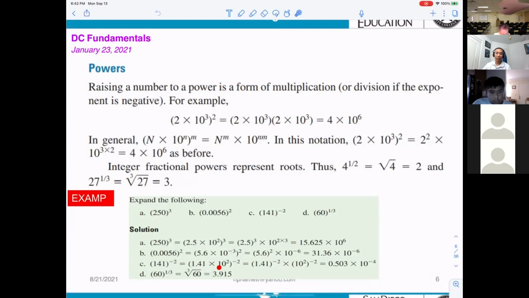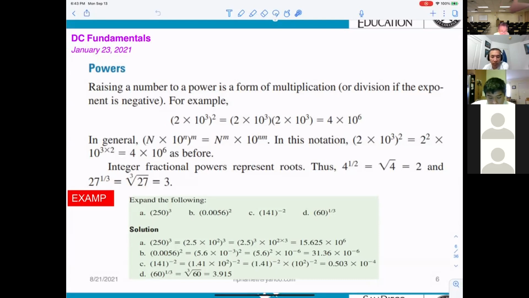Is that how I calculate it? Yeah, let's see what I get. 1.41 times 1.41 equal to 0.002. Okay, then the power of minus 2, correct?